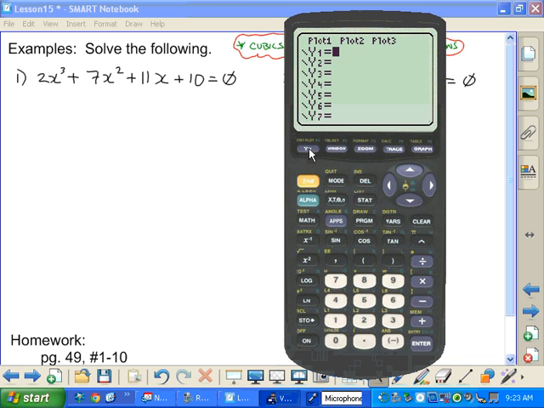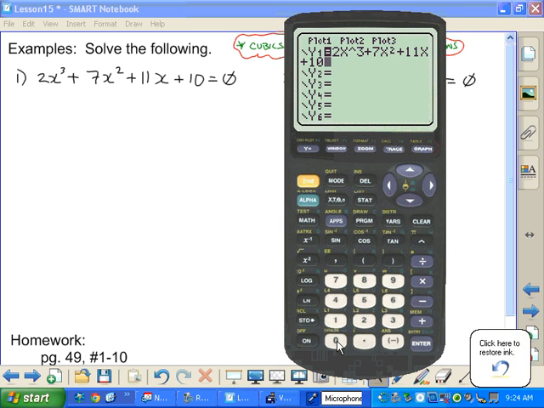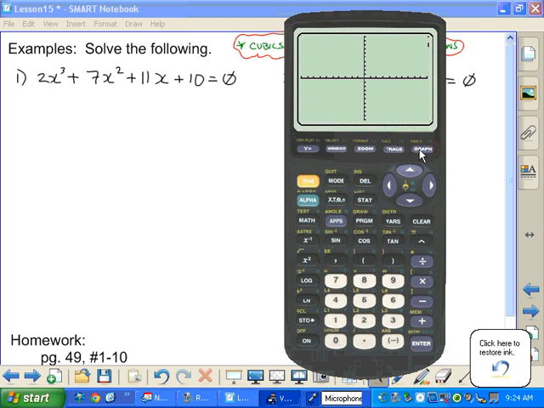Okay, Y equals, and I enter this equation in, so 2x cubed. If you have trouble with this, I can give you help in class with the entry. You don't have to put multiplication signs in, we can just enter it as is. So now it's going to graph that function for us. So now we hit the graph button, and I'm going to hit it prior to changing my window. I want to see what I can see first.